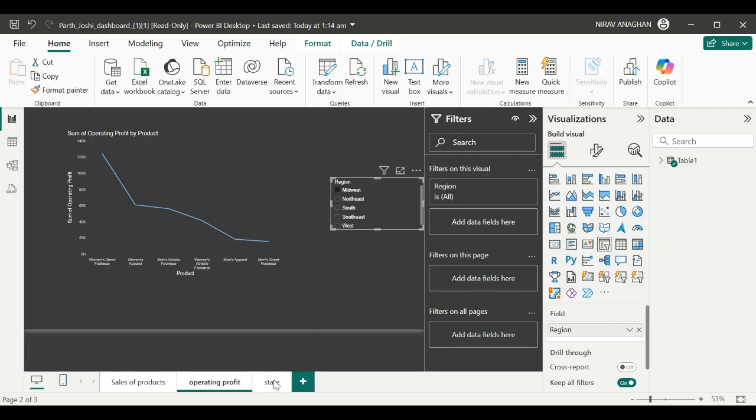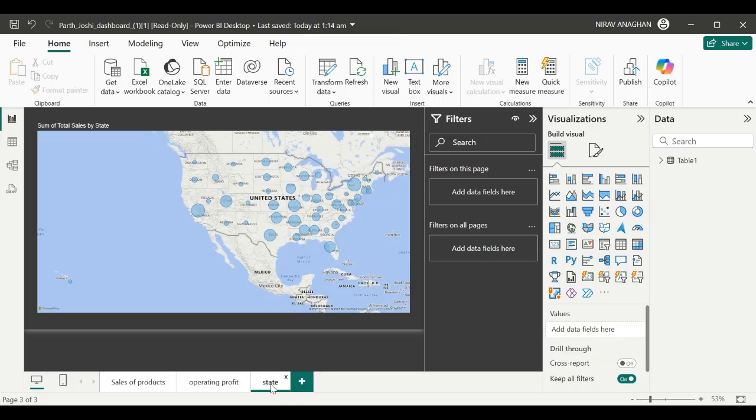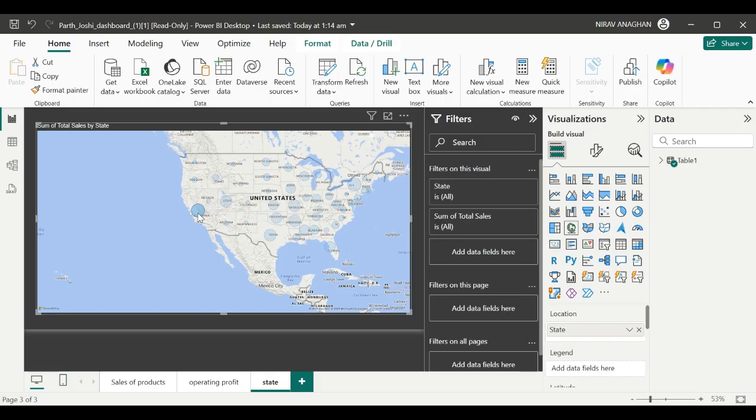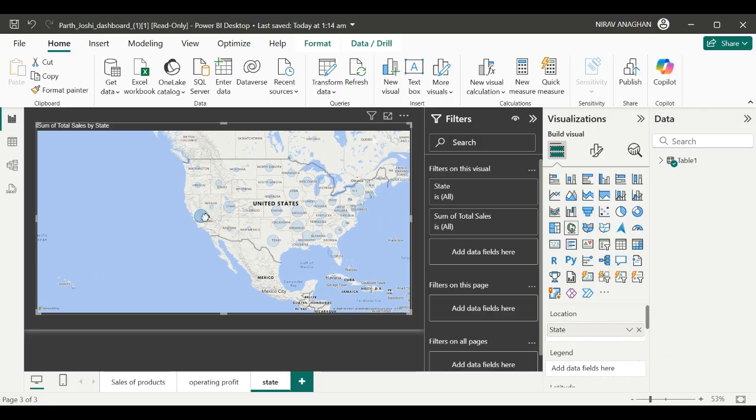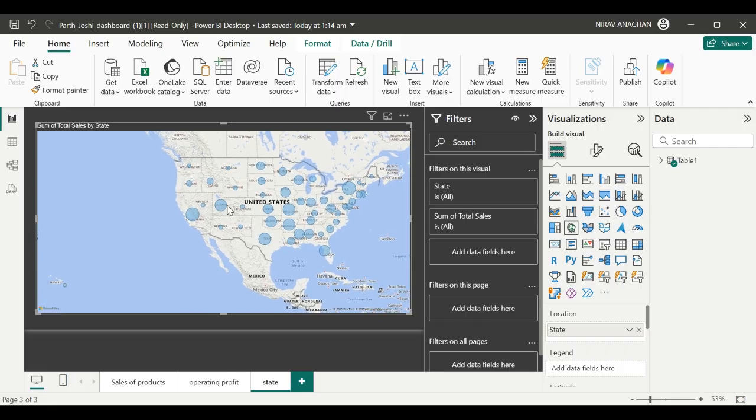Next is state. In the USA, there are 50 different states. The blue dot shows the sum of total sales, so the bigger the blue dot, the higher the selling. In Utah, the total sales is 148,000.